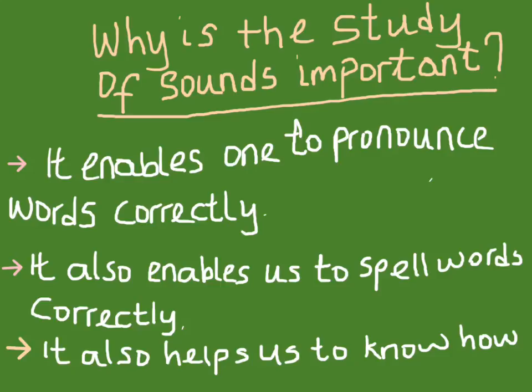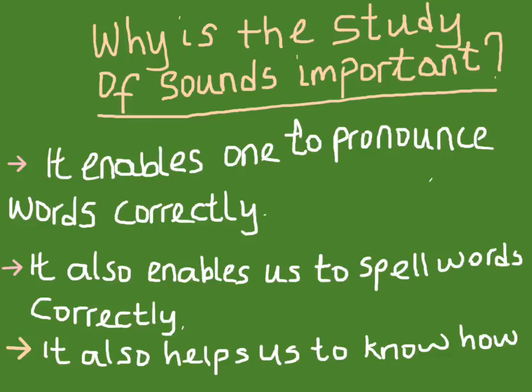If you are able to know that the letter A is represented by the A sound, I know that the letter B is represented by the B sound. I know that the letter O is represented by the O sound. I know that the letter U is represented by the U sound.